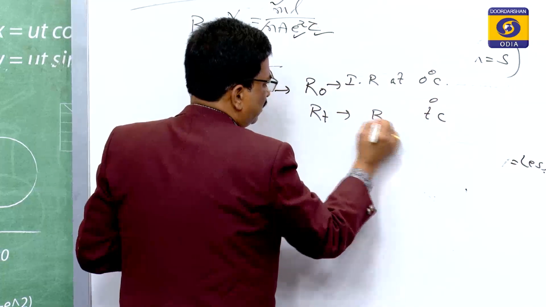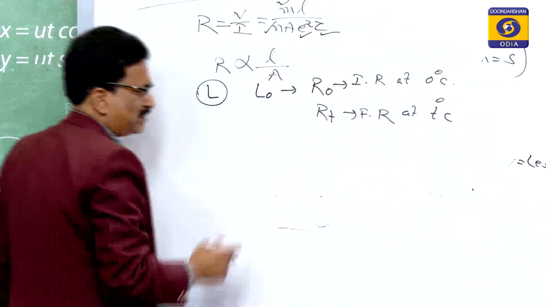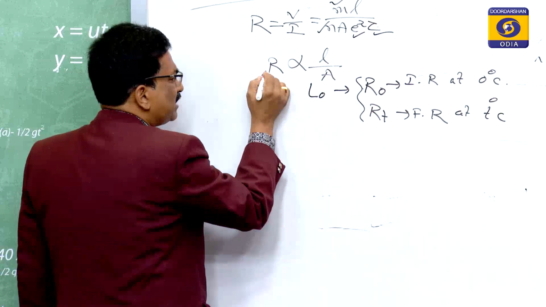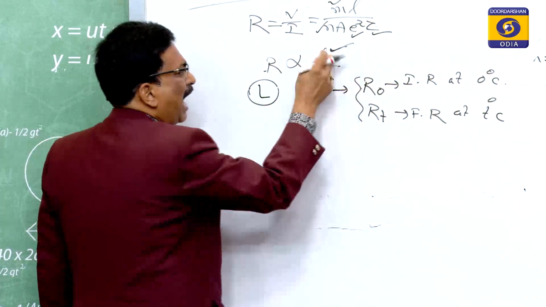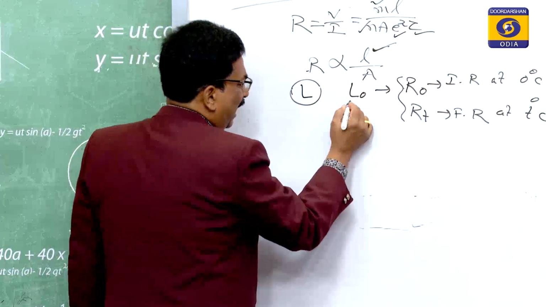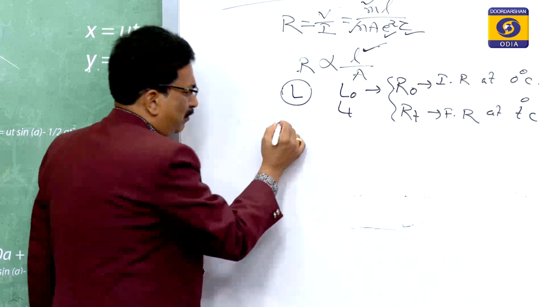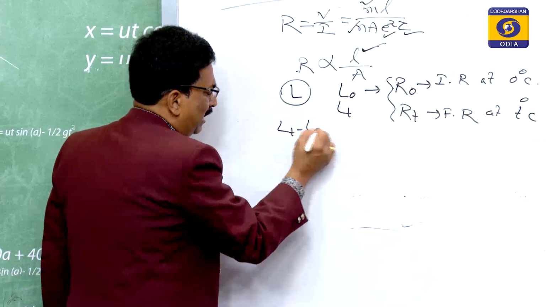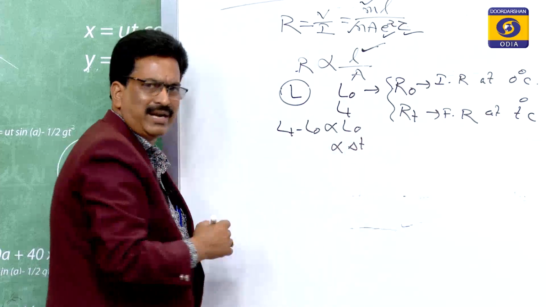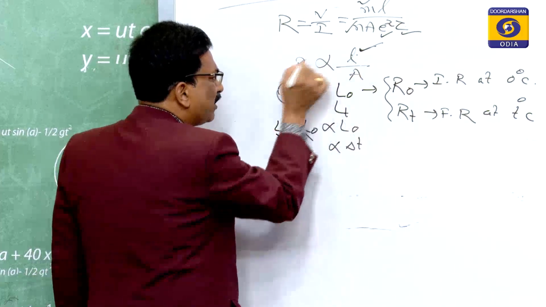This is the final resistance at T degree Celsius. Resistance is proportional to L. From thermal expansion in first year, you know that with the lengths L0 and LT, LT minus L0 is proportional to L0 and to del T. So length is directly related with the resistance.